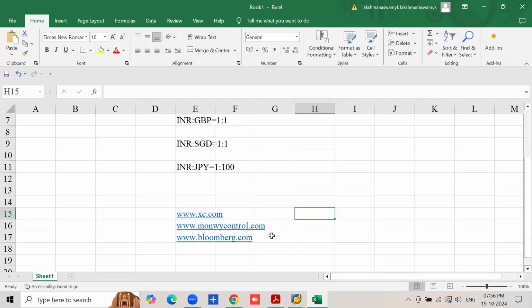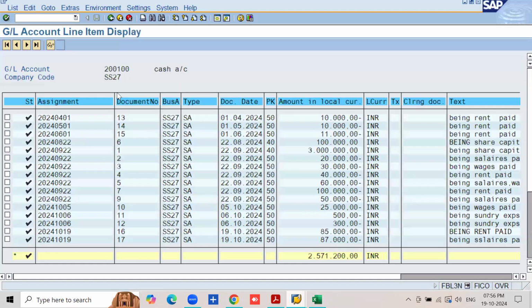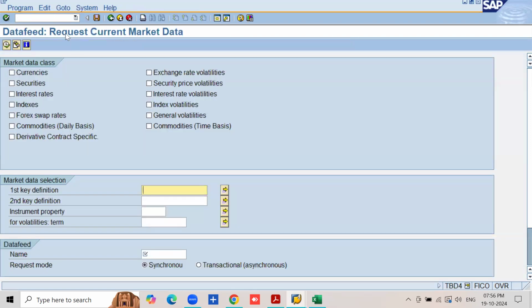Then through the transaction code TBD4, you can see request current market data. Through TBD4, you can import not only exchange rates but also security share rates, interest rates, index rates, whatever is necessary.